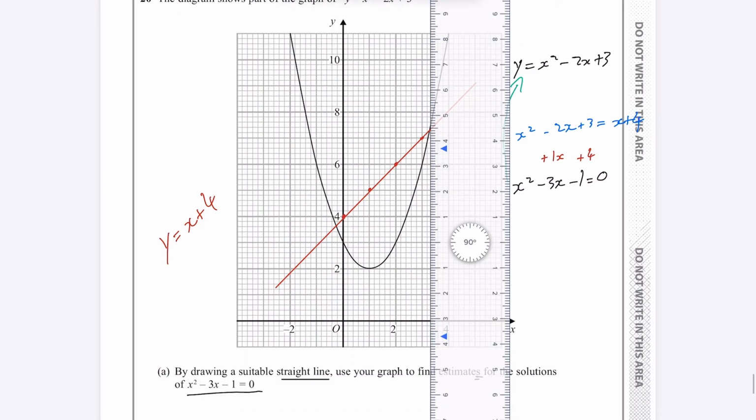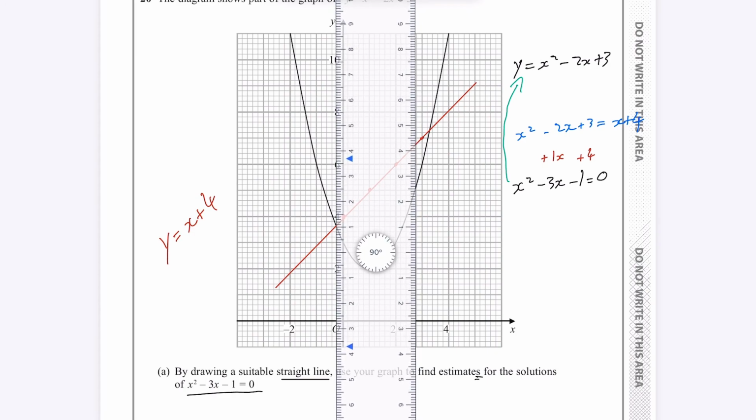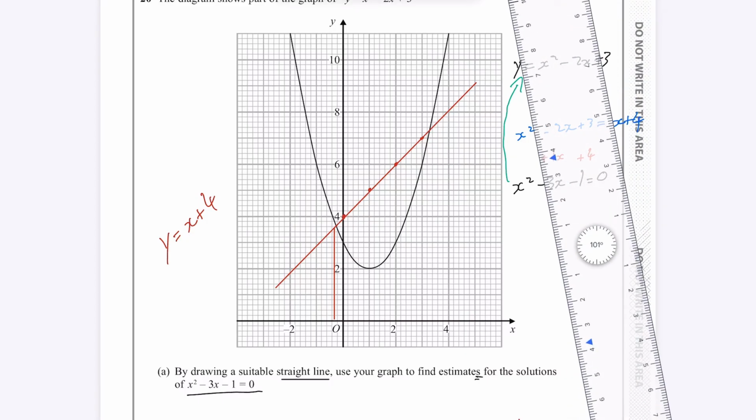It's around 3.3. And the other one would be, if I go right there, just past minus 0.2, so it's like there. So I'd say it's minus 0.25. And that one. So those are the 2 points.